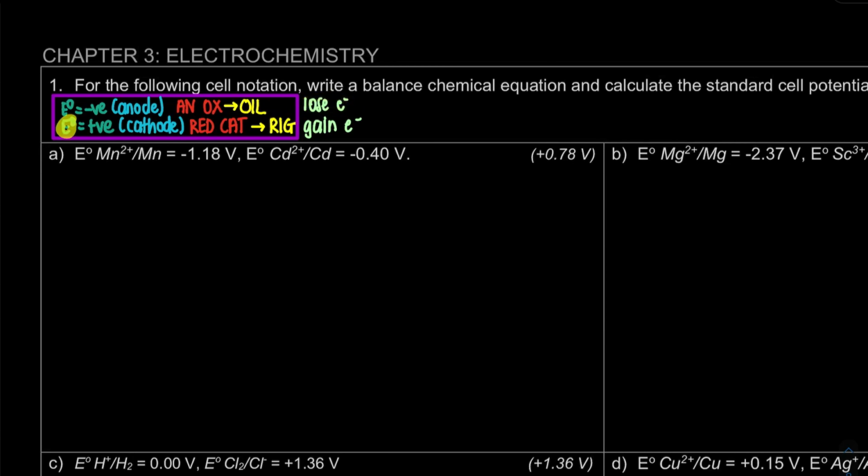If the E naught is more positive, if we compare these two values, the one with the more positive value will be our cathode. For the cathode, remember red cat, it means that at the cathode, reduction occurs. Reduction is gain of electrons. So this one you have to remember.